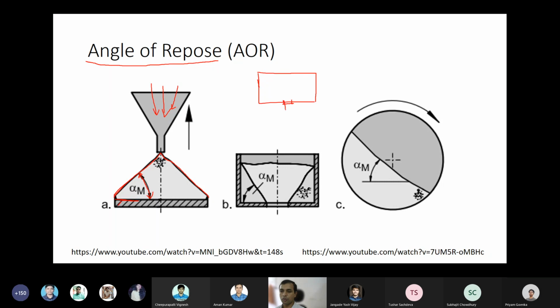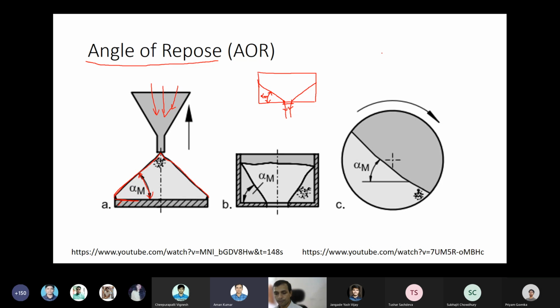As soon as you open the tape, the particles will flow out, and at some point there will be formation of a cone. So this angle is also the angle of repose. Sometimes both can come the same and sometimes they can vary. So there's one more, called the dynamic angle of repose.